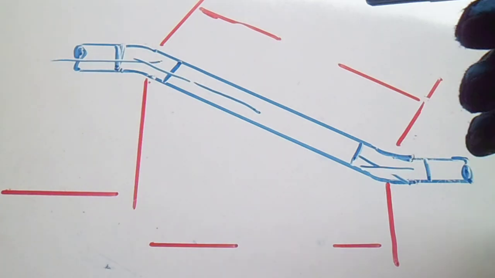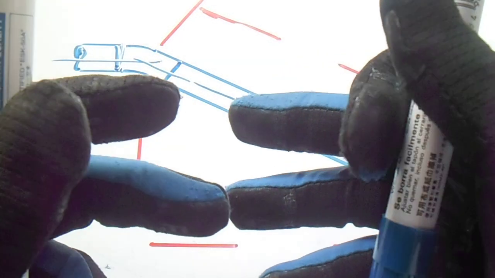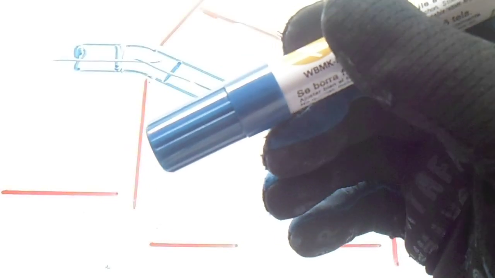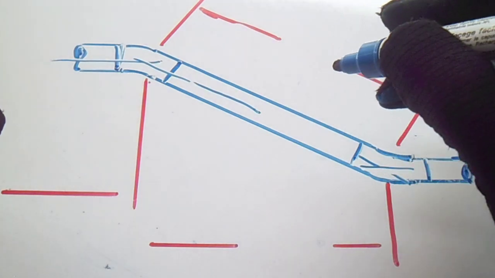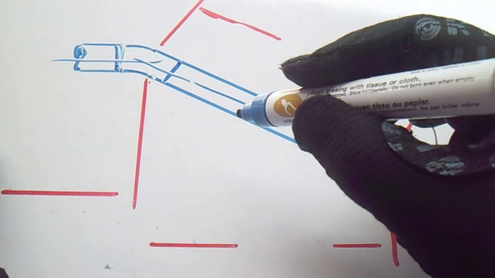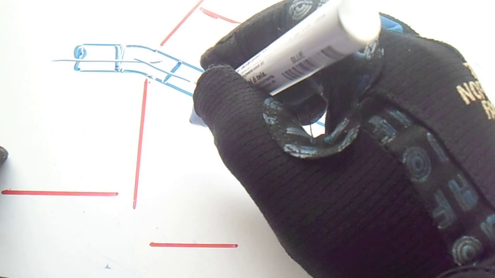So this is a computation of how to find the length of sides when the angle is known. Let's say our angle or degree is 15 degrees.